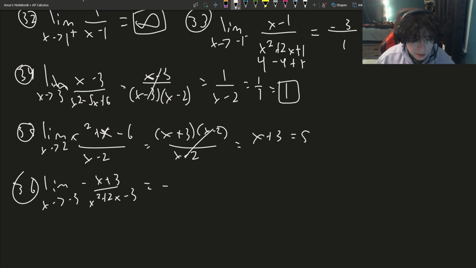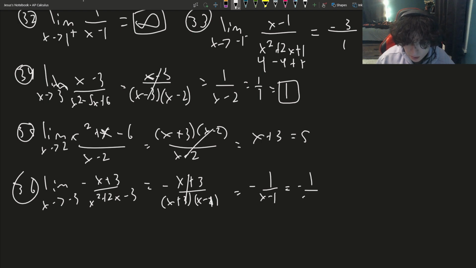We have x plus 3 over x plus 3 and x minus 1. Did I copy that right? Minus 1, sorry, there should be a 1 right here. Yeah, that makes sense. Just cancel, negative 1 over x minus 1. Plug in negative 3, and you get 1 over negative 4. But then the negative cancels out, and we have just 1 over 4.